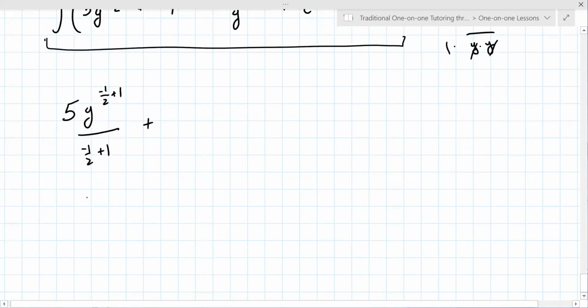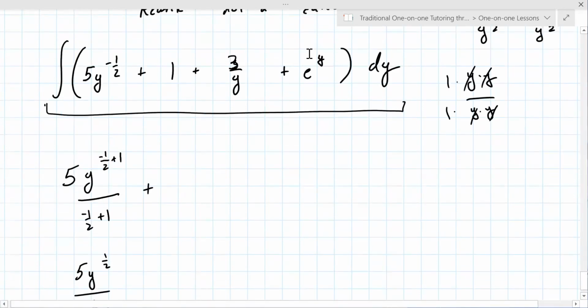Okay, so it's 5y to the 1/2 over 1/2. But what about the rest of it? We got a lot more here to do. Plus 0. Nope, that's the derivative. The derivative of 1 is 0, but we're going the other way.